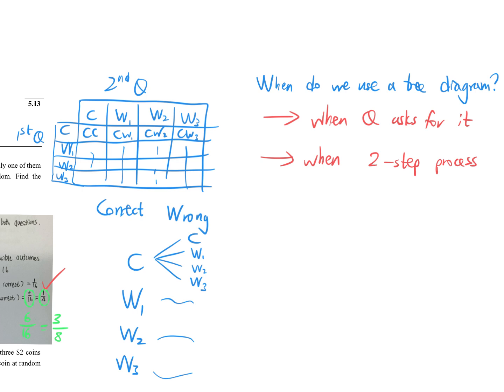Tossing 3 coins, you need the first coin, second coin, third coin. In this case, answering 2 questions. So first question, second question, and here is the first question, second question. So in all these cases, there are 2 steps or above. Then you need to use a tree diagram. Okay? But how about a table?